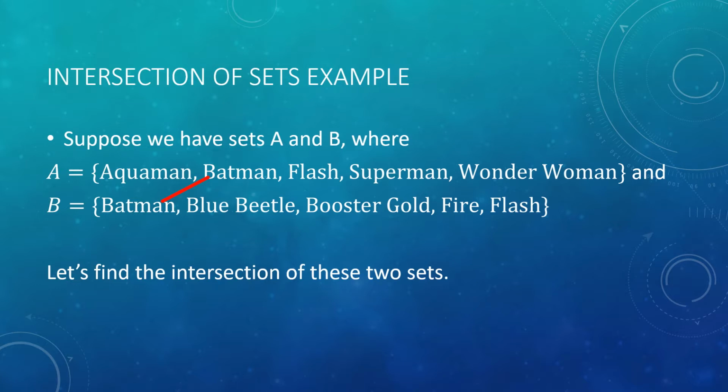The first thing I noticed is Batman. They also have Flash in common. Those are the only two elements they have in common. So A intersect B is Batman and Flash. Notice that forms its own little set, so it still goes in the curly braces.